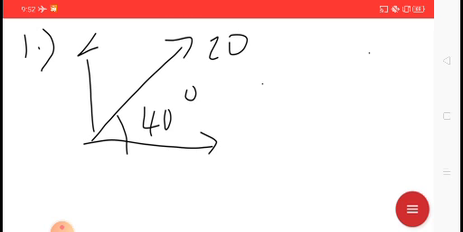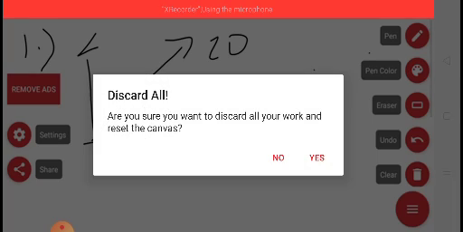Part A: how long does it take for the ball to reach the maximum height? So how are you going to calculate it? At the maximum height, the vertical velocity equals 0. We put the initial conditions, but if you don't want to, you can calculate directly, it's not an issue.